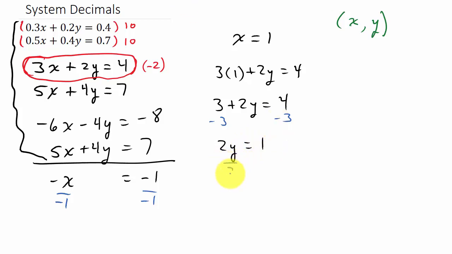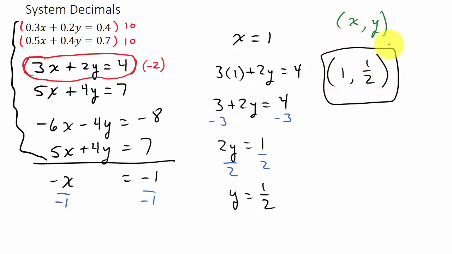Then I'll divide both sides by 2, and I get y equals 1/2. So here's x, here's y, and I can write my solution in the form (x, y). So that's (1, 1/2) is my solution.